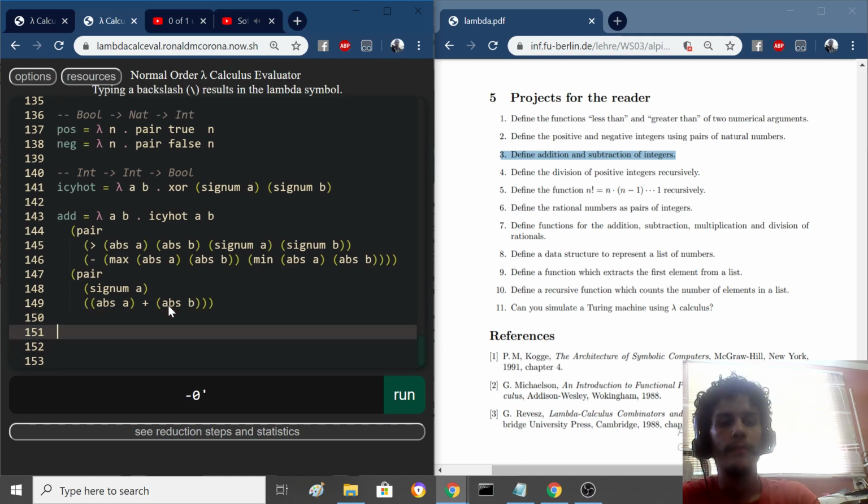So max of 3 and 4, it should give us 4. Min of 3 and 4 gives 3. Alright, looks like it works so far.